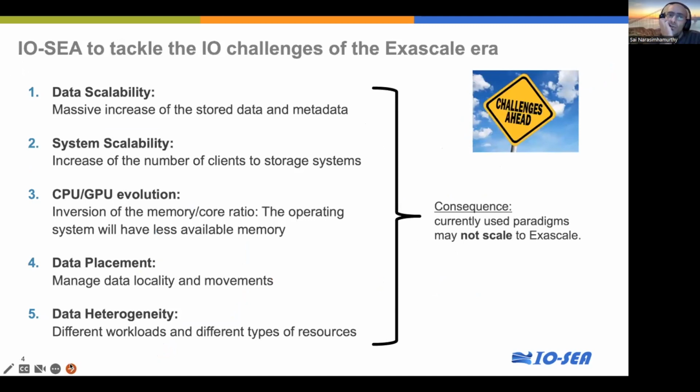So for IO-SEA, the goal is to tackle these IO challenges as we head towards exascale. What are the main challenges that we see for exascale supercomputing going forward? First is data scalability. There's a massive increase in the amount of data stored and also the metadata.